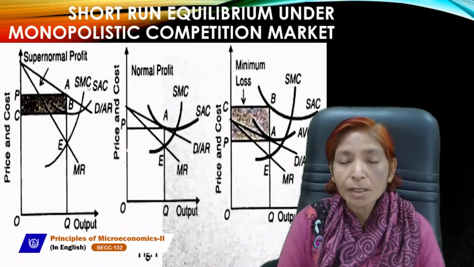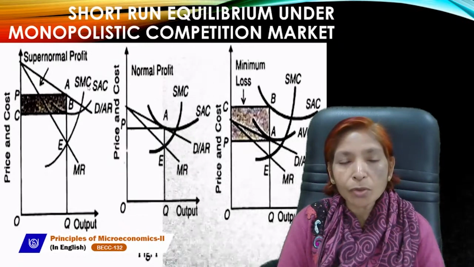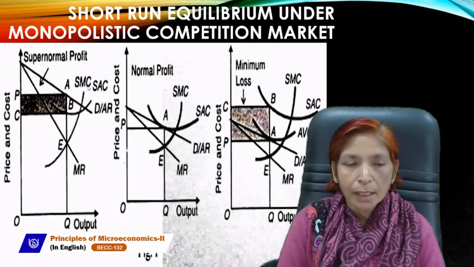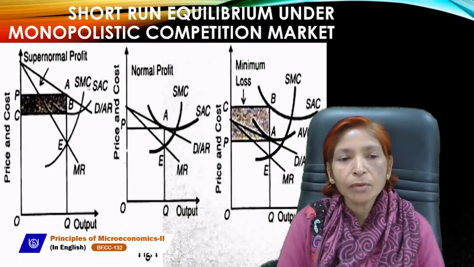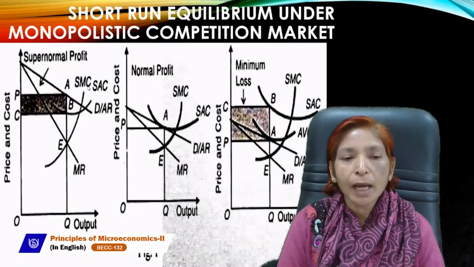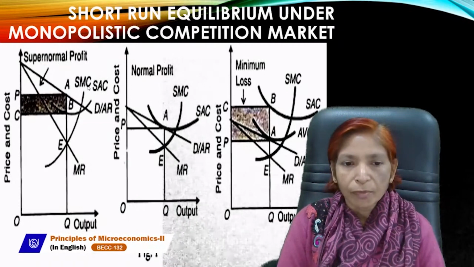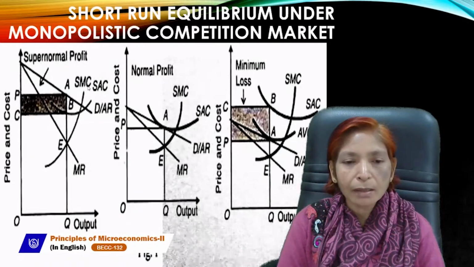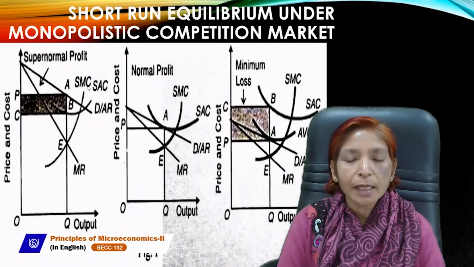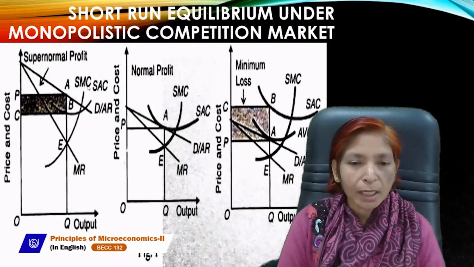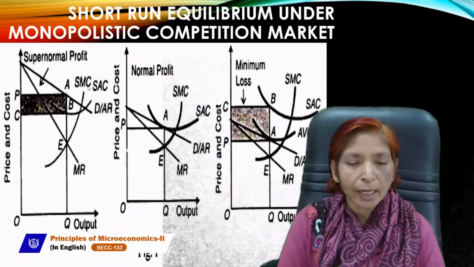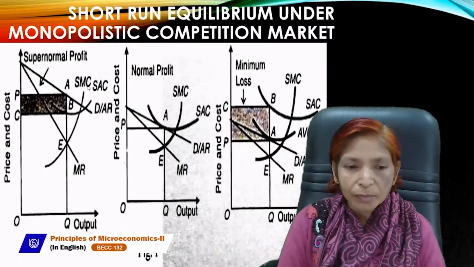Why is this curve touching the AR curve? Because we want to show normal profit. And the condition of normal profit is that average revenue must be equal to average cost. When AC touches AR, then we can show that AC is equal to AR. So in normal profit, AC always touches or is tangent to the AR curve.